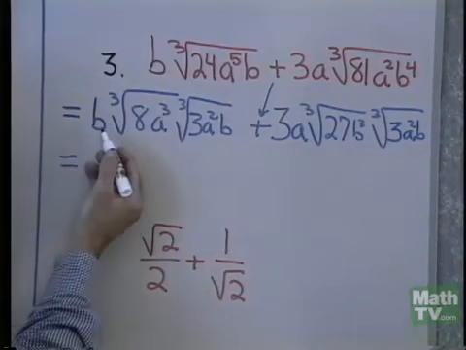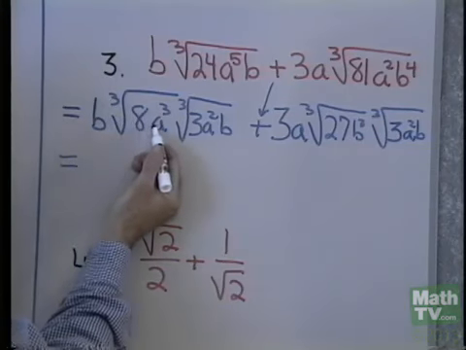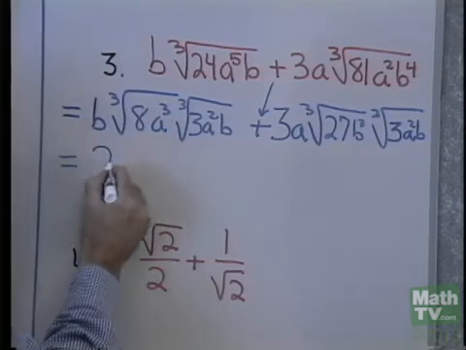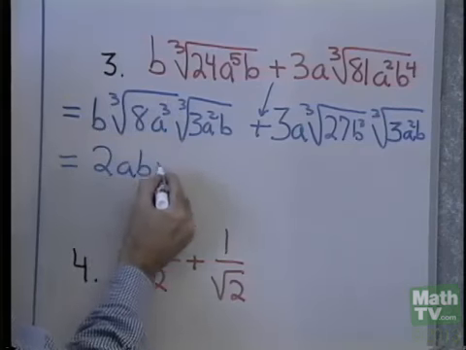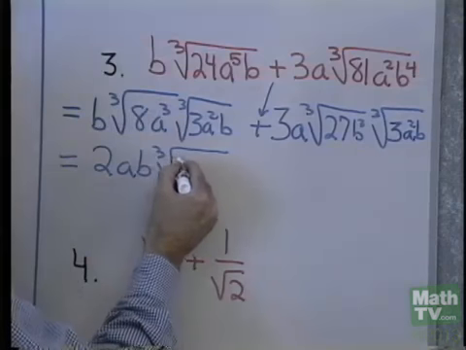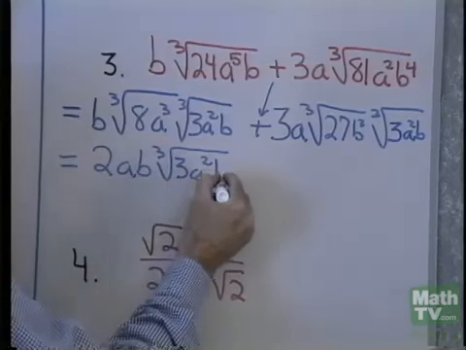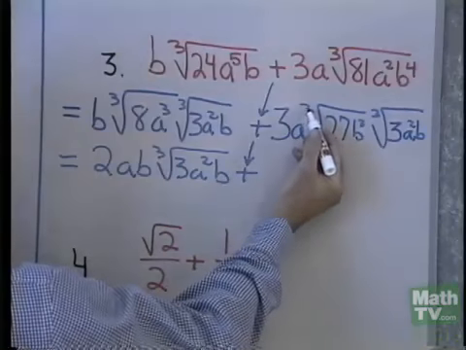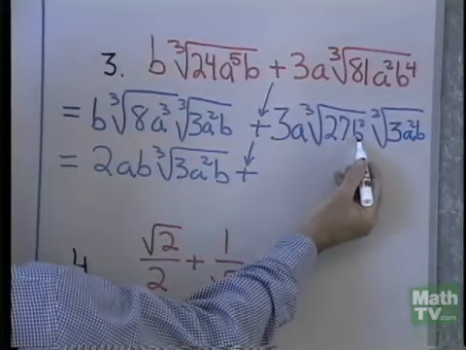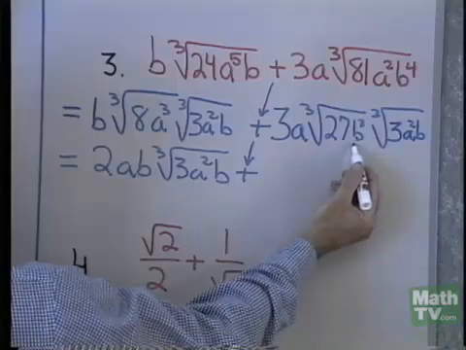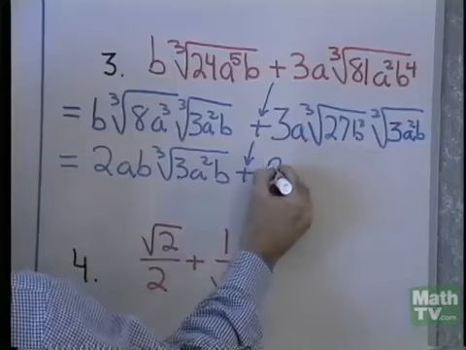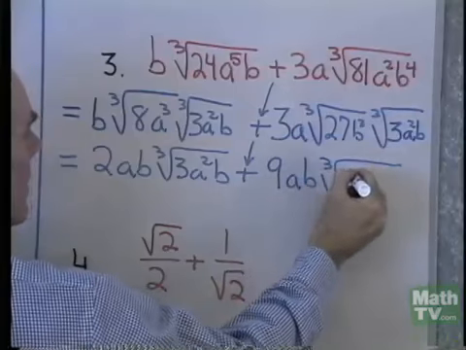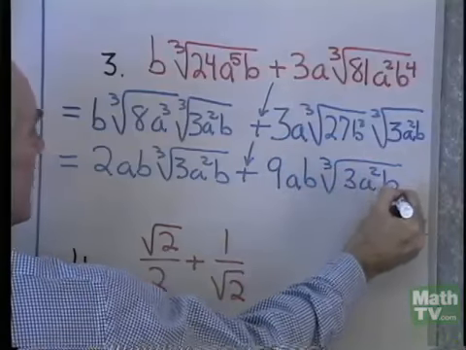Okay, so here I'm going to have b cube root 8a cubed. When I take the cube root of this, I'll have 2a times b will be 2ab cube root 3a squared b. Plus cube root of 27b cubed will be 3b times 3a will be 9ab cube root 3a squared b.